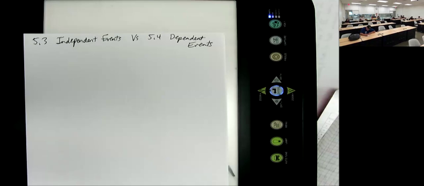So what we were doing in the last section was a single event, rolling the dice together and doing the outcome. So what was the outcome of the sum?